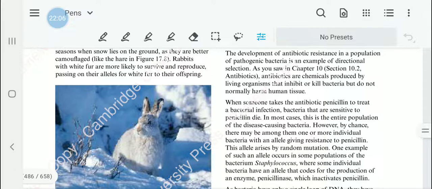For example, Staphylococcus bacterium can be destroyed by penicillin.